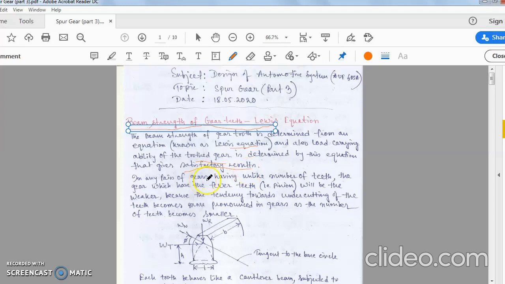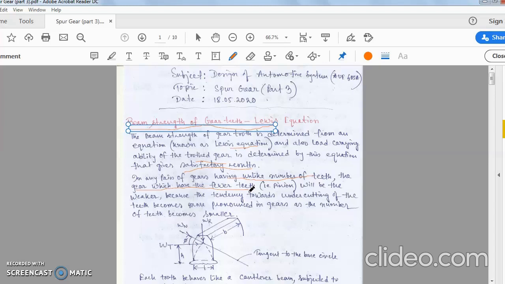In any pair of gears having unlike numbers of teeth, the gear which has fewer teeth is called the pinion. So the gear which is of lesser size, that means lesser diameter and fewer teeth, is called the pinion, and the gear which is larger in size is called the gear.